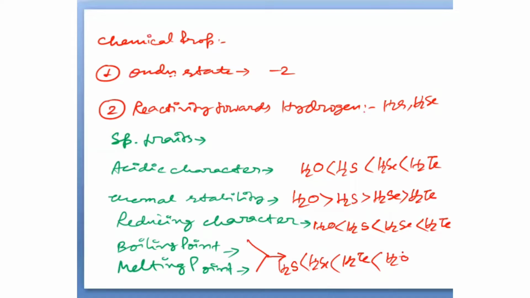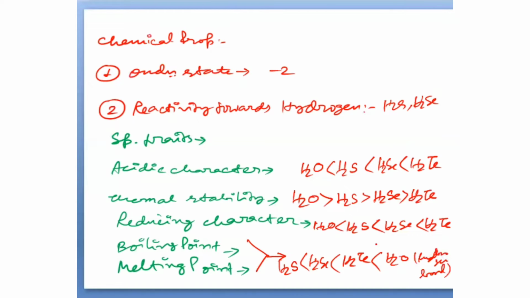That means if we follow this order, then H2O would have to be the least, but here we can see H2O has the highest boiling and melting point because of its hydrogen bond.